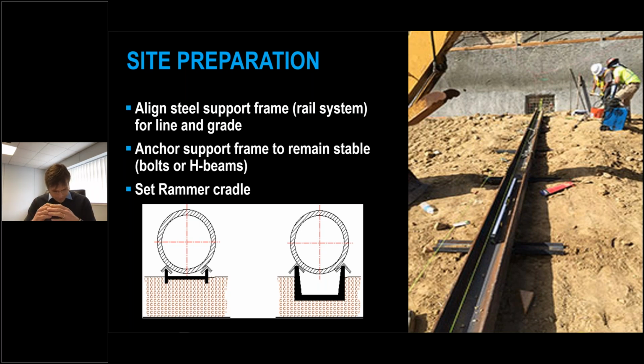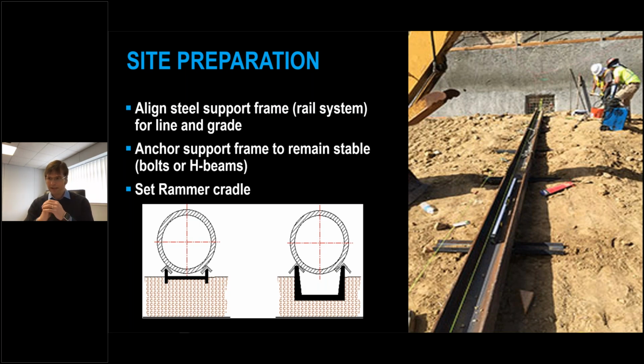The length and the diameter of the pipe will dictate the size of the starting pit. You've got to make sure that there is enough space around the rammer, and it is advisable to leave quite a bit of space behind it.